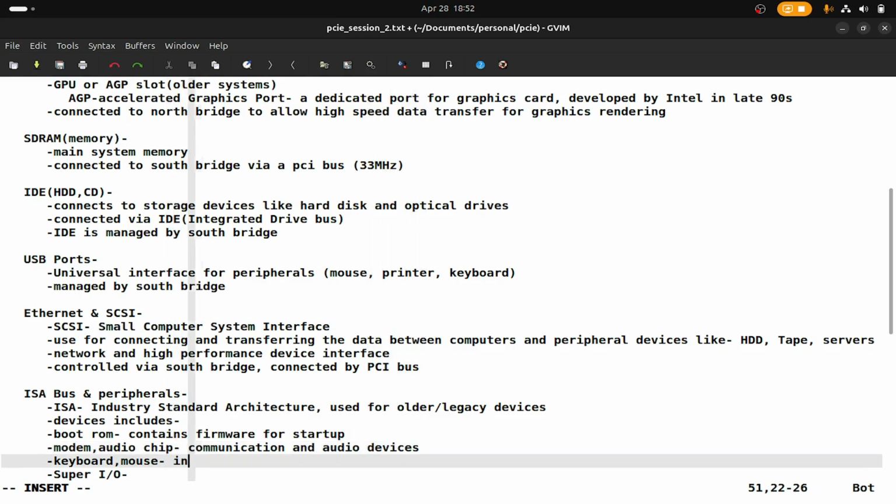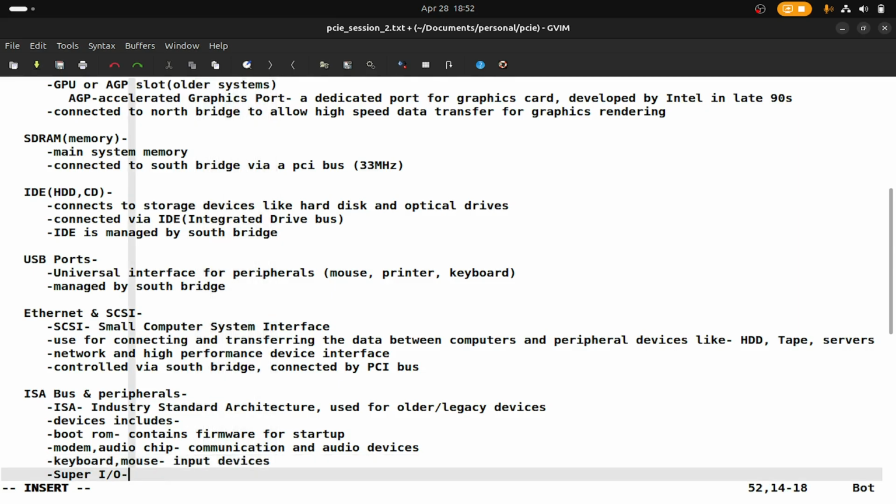Keyboard, mouse, we already know, input devices. Again, super IOs manage some serial ports, parallel ports, and floppy drives. Fine.